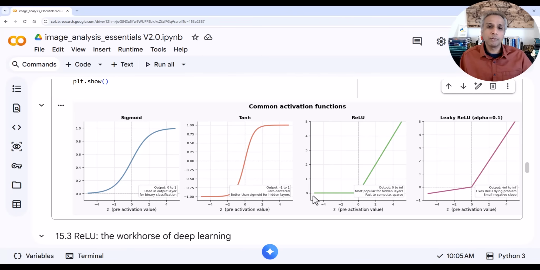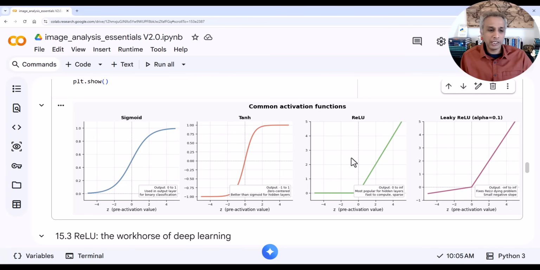Below 0, the value drops to 0, and above 0, it's just a linear unit. In simple terms, take the value. If it's negative, then just drop to 0. If it's positive, just take the value as is. Okay, that's what rectified linear unit is. And leaky ReLU is very similar to that, except below 0, it doesn't drop to 0. It just slowly goes down.